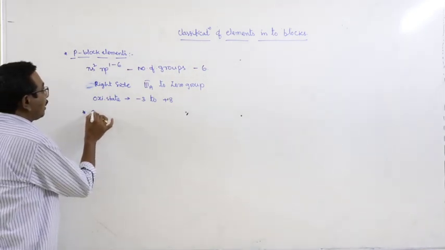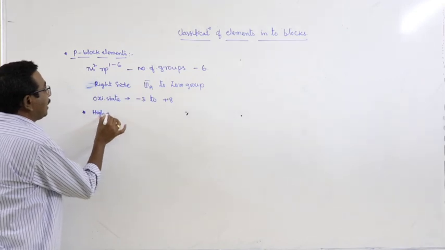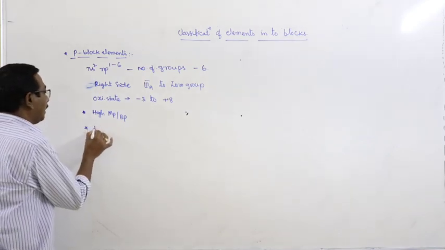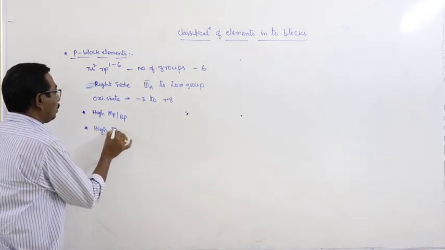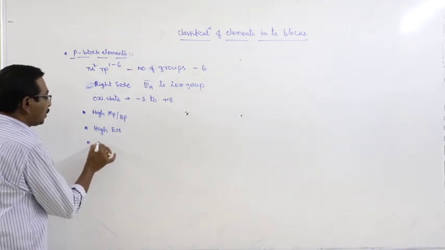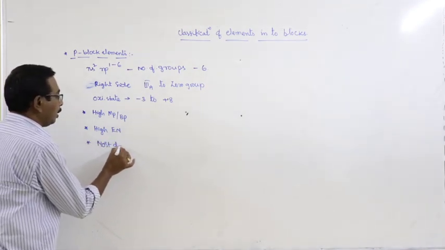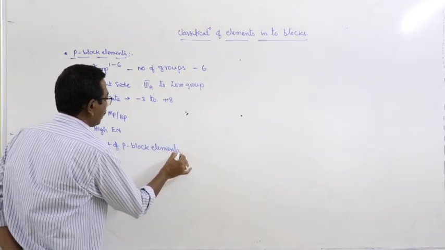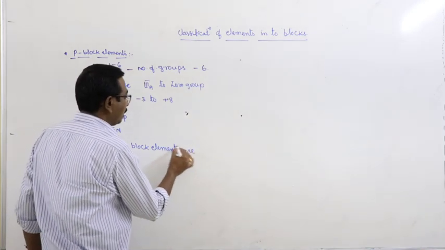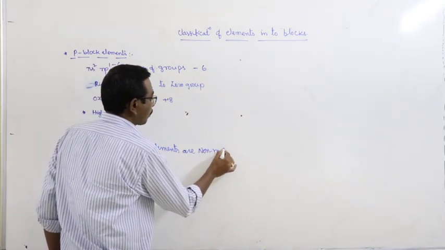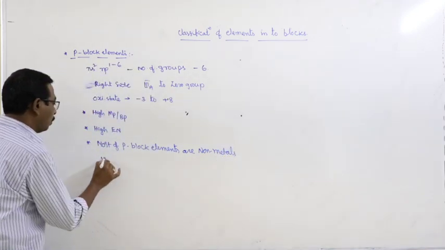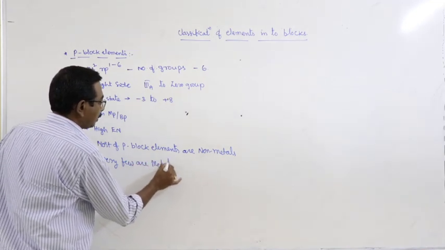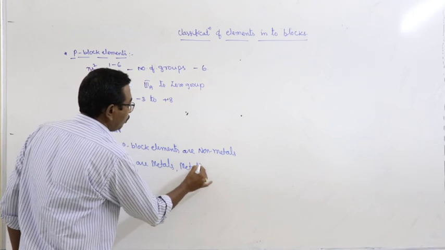Here P block elements have relatively higher melting points and boiling points, and they have high electronegativity, and most of the P block elements are non-metals. Very few are metals and also metalloids.